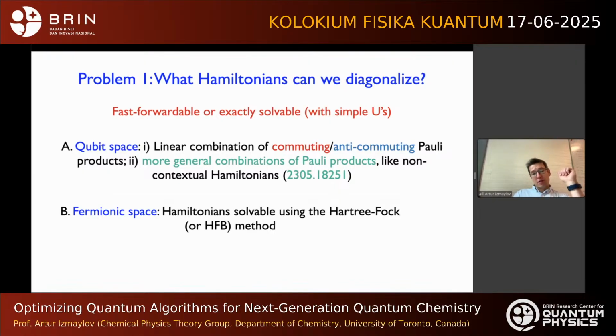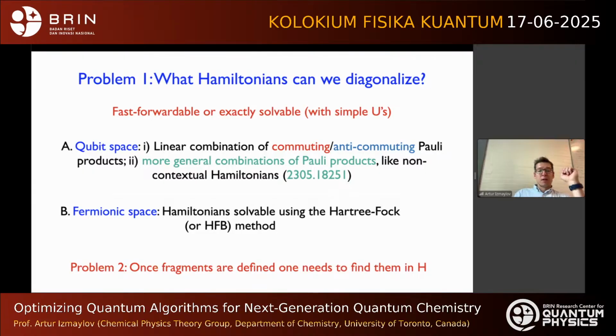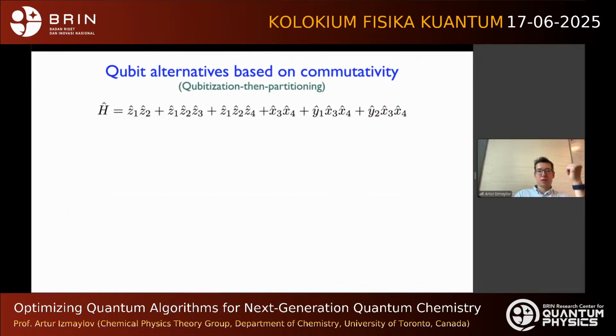Now, in the fermionic space, the easy intuition about the things we can diagonalize is that they are Hamiltonians solvable using the Hartree-Fock or Hartree-Fock-Bogoliubov method, right? And once you have these diagonalizable Hamiltonians, you need to find them in H in order to do the diagonalization, essentially.